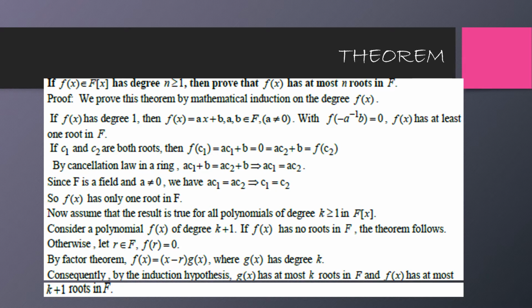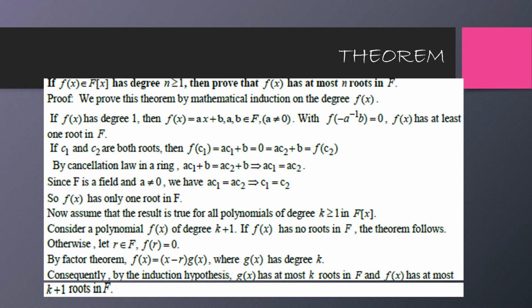Now, this you have already studied: the cancellation law in a ring. By the cancellation law in a ring, a c1 plus b is equal to a c2 plus b implies, so you have two types of cancellation laws, right cancellation and left cancellation. Here b and b will get cancelled. So a c1 is equal to a c2.